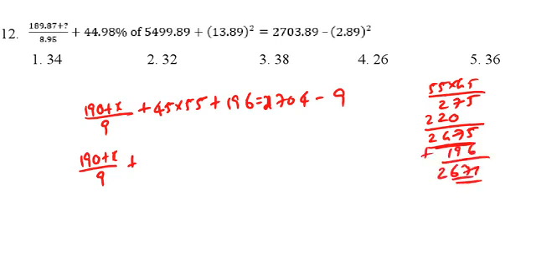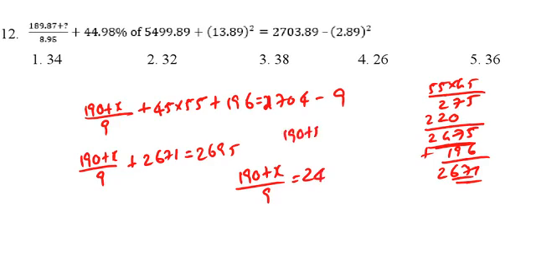So 2671 is equal to this is 2695. So 2695 minus 2671, that is how much? 24. So 190 plus x by 9 is equal to 24. So 190 plus x is equal to 216, x is equal to 26.